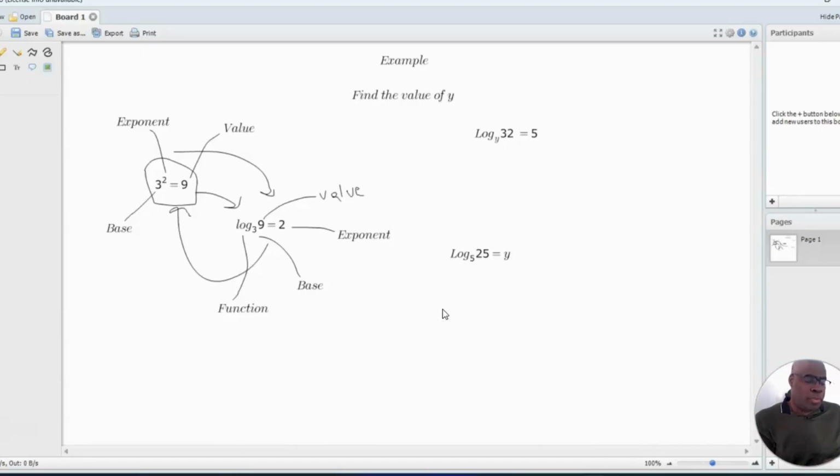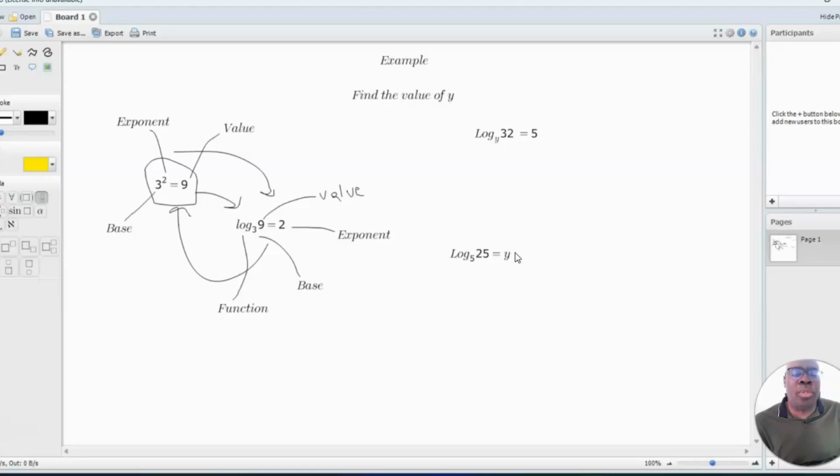So we're talking about the product rule now. We had log 5 of 25. We separate it and have log 5 and log 5. So we're going to put them together. If we're going to put them together, there's one mathematical operation that comes to mind. Can you tell me what mathematical operation comes to mind when you put things together? I heard you. You said addition or plus, right? That's correct.